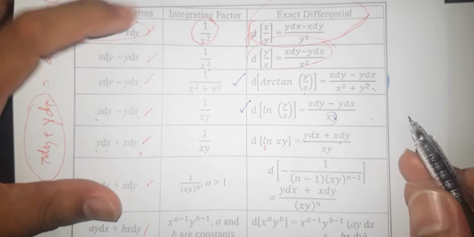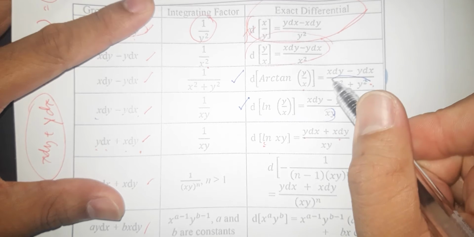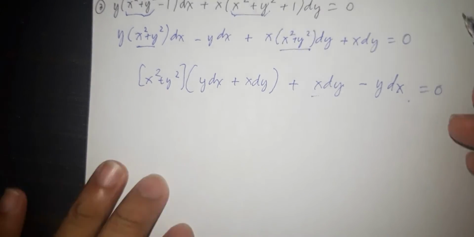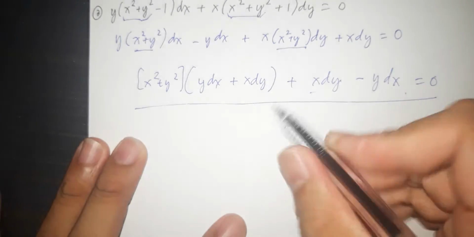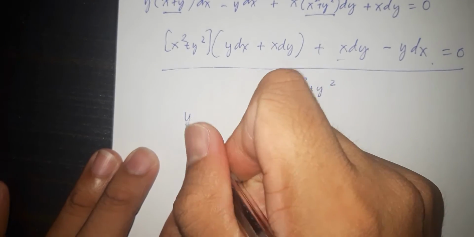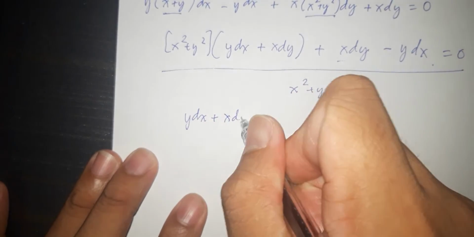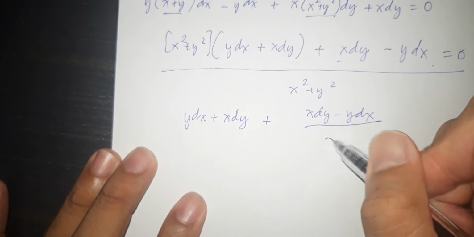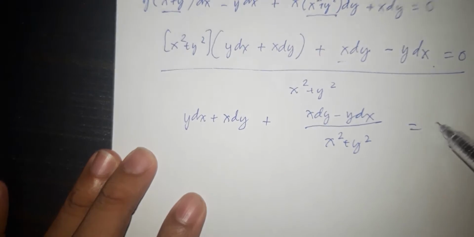So as you can see, my denominator here is x squared plus y squared, which is actually this term x squared plus y squared. Therefore, if I divide this all by x squared plus y squared, that gives you y dx plus x dy plus (x dy minus y dx) over (x squared plus y squared) is equal to 0.